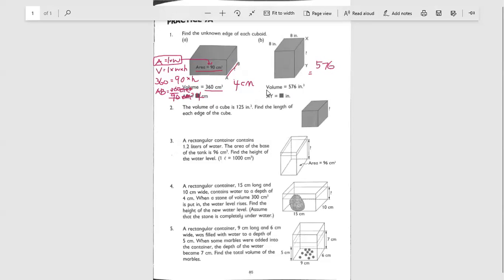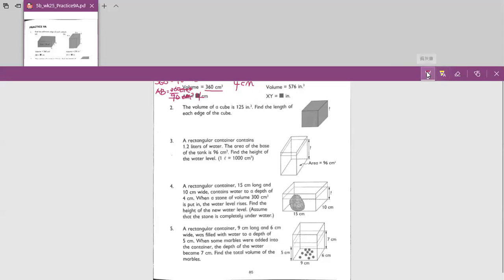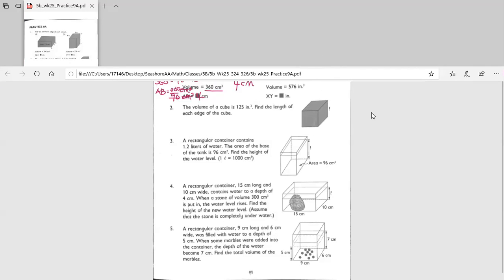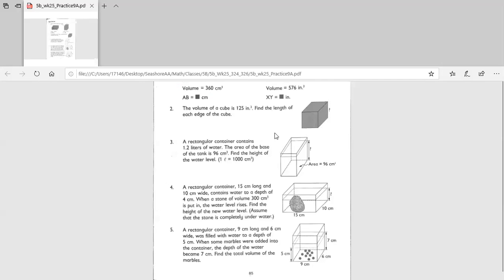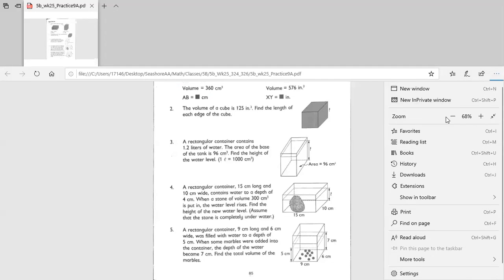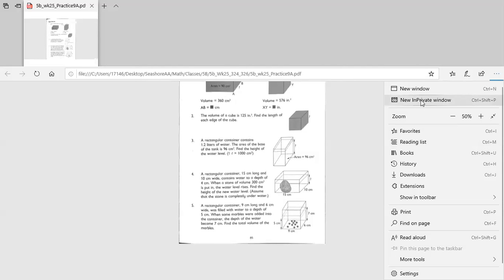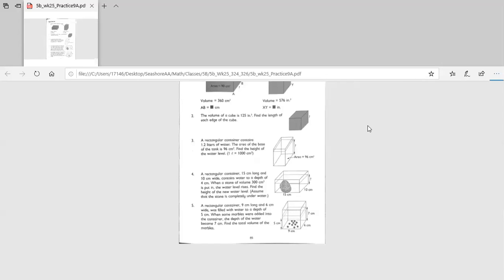Okay, over here, we have volume for 576 inches cube. Every time I click my marker, then it will show the thing. Okay, let me refresh it. Hold on a second. Let me exit out and then try to share the screen with you, okay?